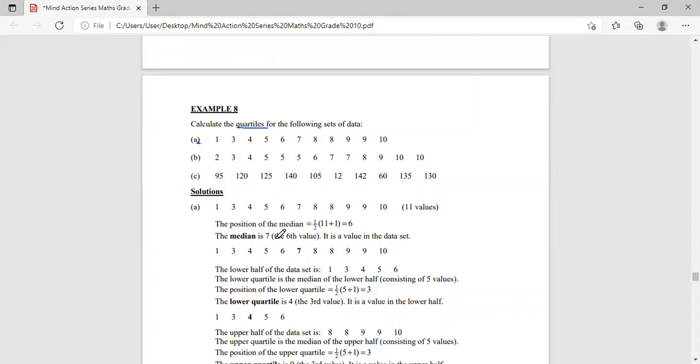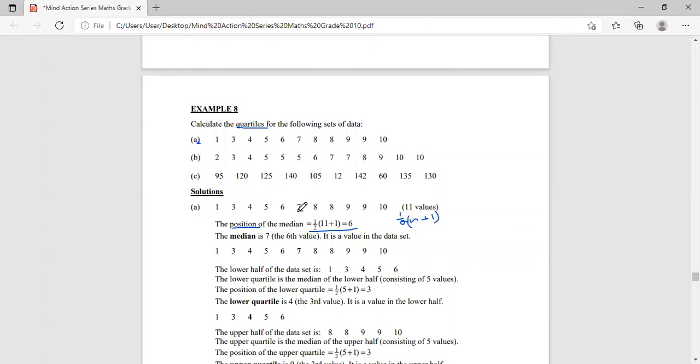Okay? So we're gonna count. This is the formula like we've been using: half of n plus 1. That is the position of the median. It's not the median itself. So I'm going to count 1, 2, 3, 4, 5, 6.